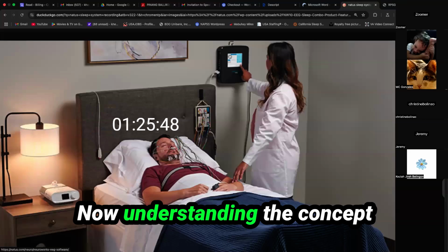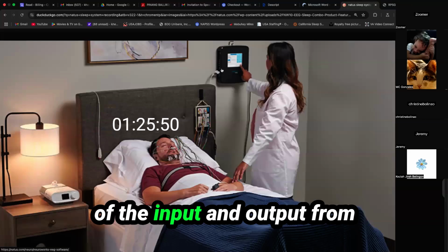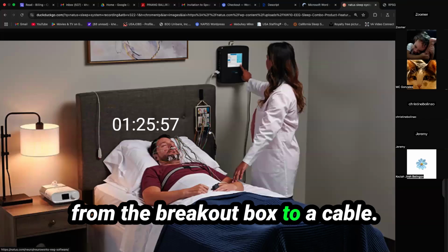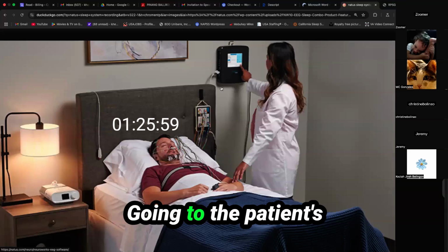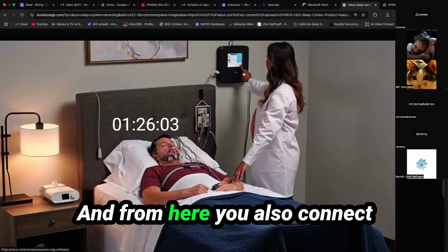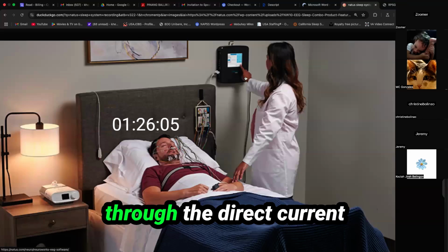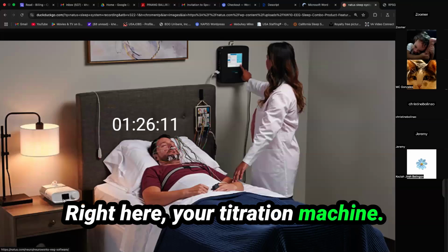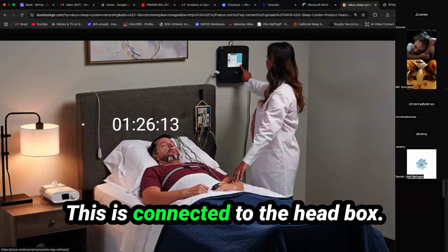Now, understanding the concept of the input and output from the patient to the breakout box, from the breakout box to a cable going to the head box. And from here, you also connect through the direct current or DC channels your CPAP right here, your titration machine. This is connected to the head box.